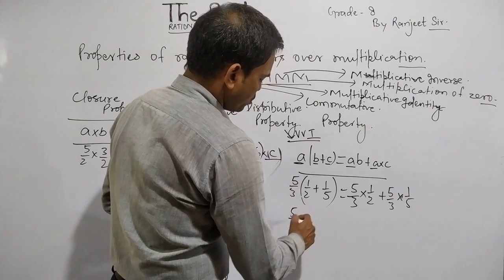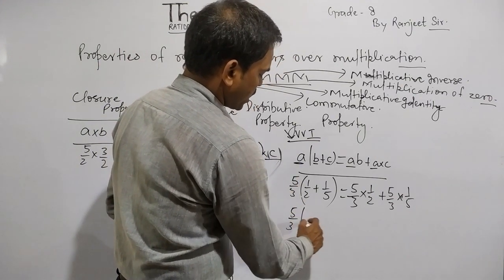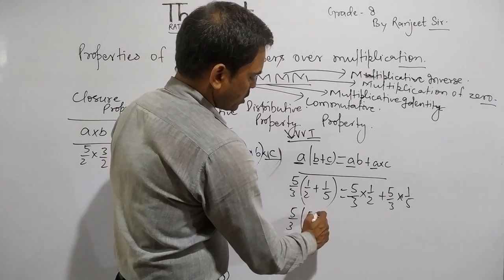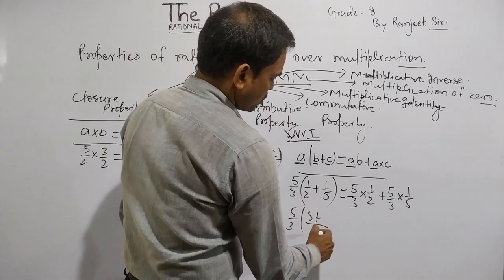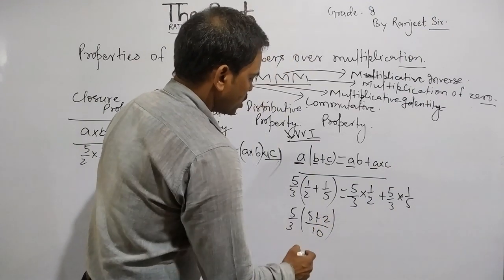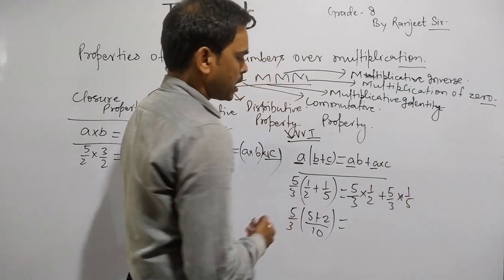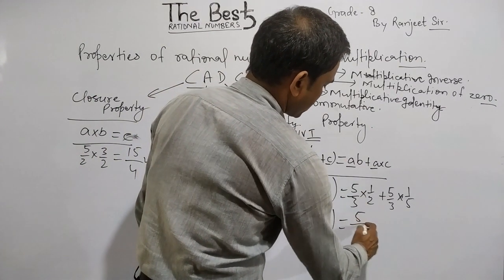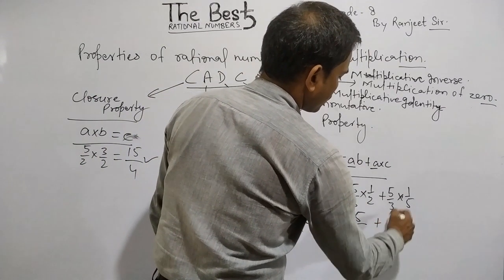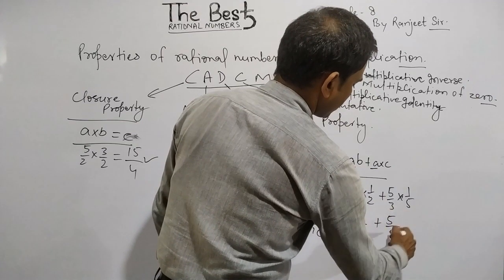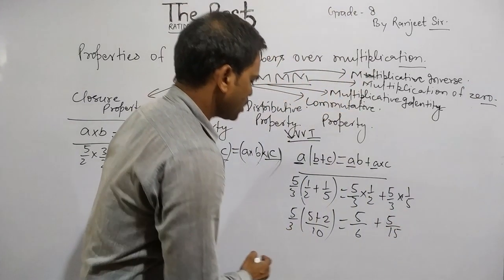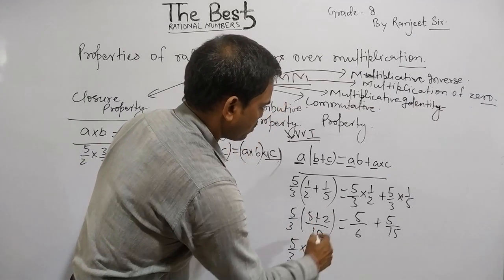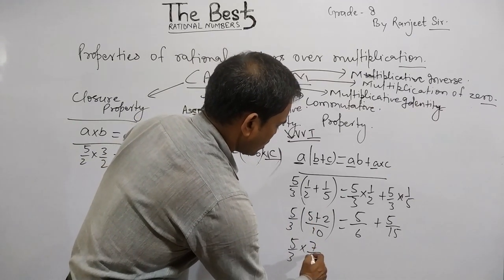First of all we will do the work inside the bracket, and the LCM will of course be 10. So 2 5s are 10, here it will be 5, and 5 2s are 10. Now in the same way on this side, RHS, we will do the work. So 5 and 3 2s are 6 plus 5, and it will be 5 3s are 15. Now 5 by 3, and here 5 plus 2 is 7 over 10.